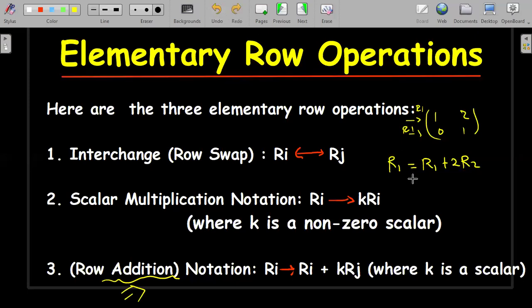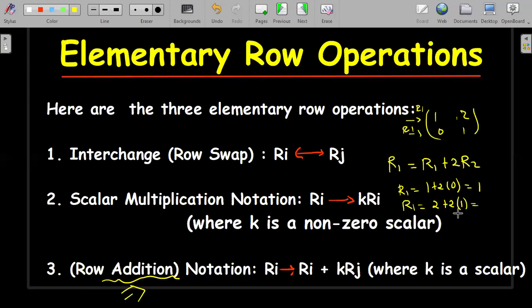So my new row 1 will be: I get this 1 plus 2 multiplied by 0, I'm just going to get 1. And then this entry here, it's also in row 1. We are going to say that will be 2 plus 2 multiplied by what we have in the second row, which is 1.